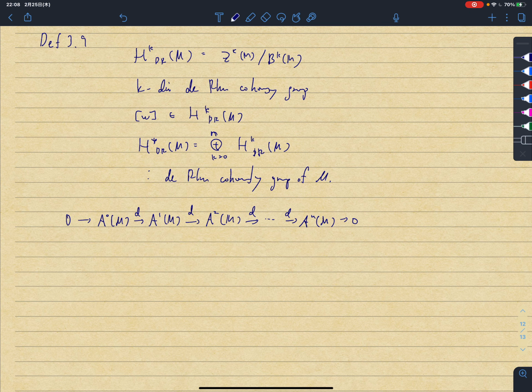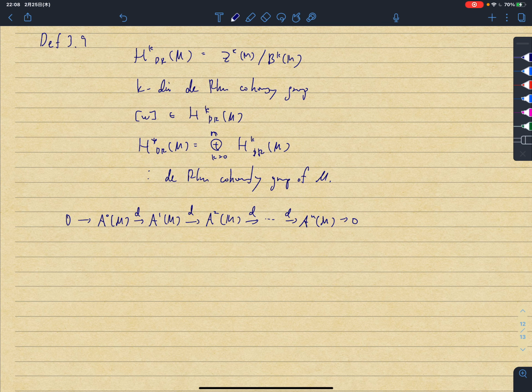What is a cochain complex? Okay, let it be, leave it as it is. I might mention this after this class, or in the next lecture.